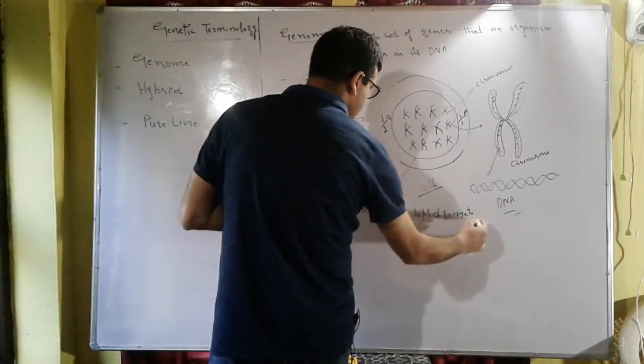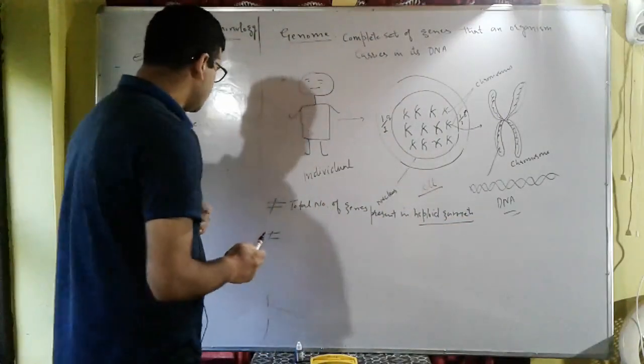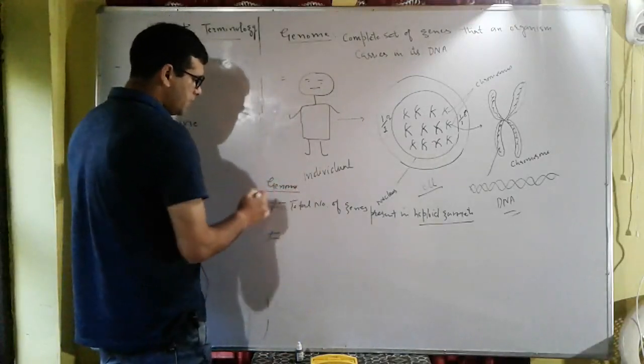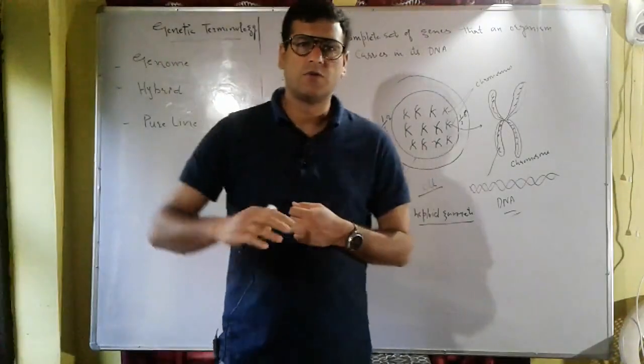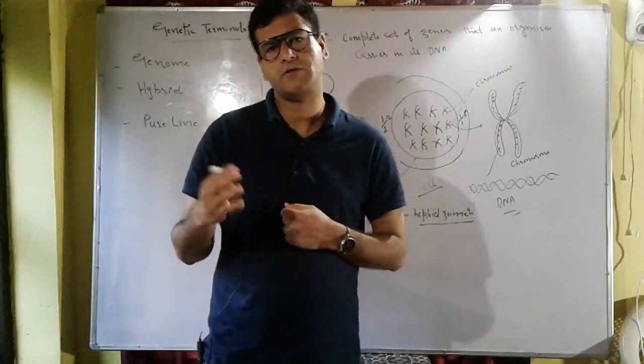Or another definition of the genome is the total number of chromosomes present in the haploid gamete, that is also genome.